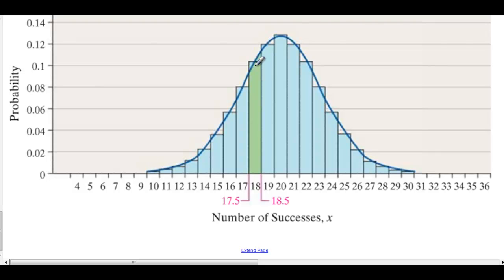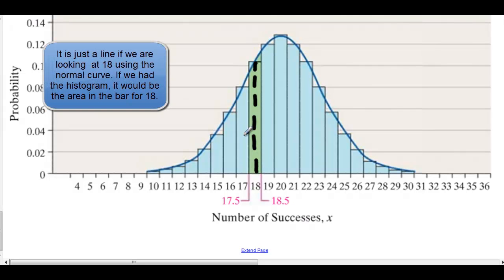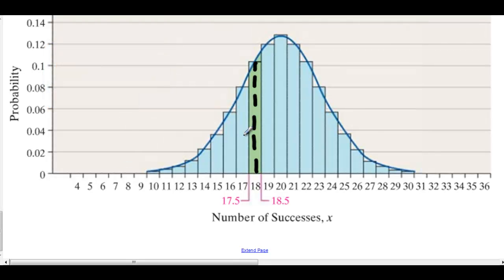So just a line at 18 doesn't do us any good. That line right there has no area. So what they do is if we want to find the probability that we're going to have 18 successes in our binomial experiment, and we're using the normal curve, we can't just do 18. So we're going to give it a width of 1. So we're going to go 0.5 above and 0.5 below.